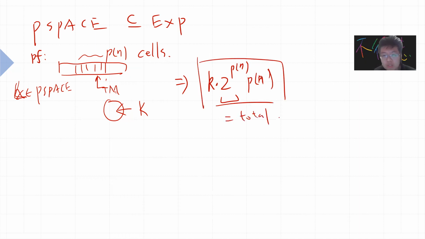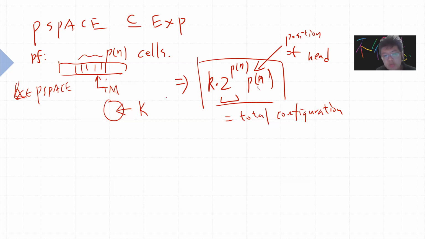These are all the different configurations, because your Turing machine has k internal states, you can use at most 2 to the p(n) cell contents, and p(n) is the position of the pointer, or the position of the head. So this is the total configuration count.